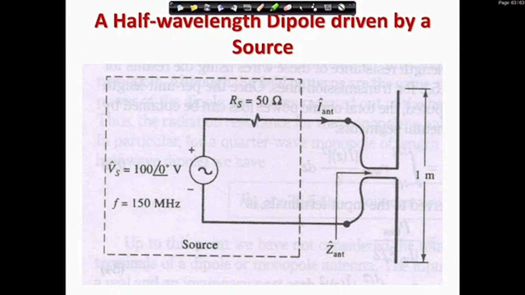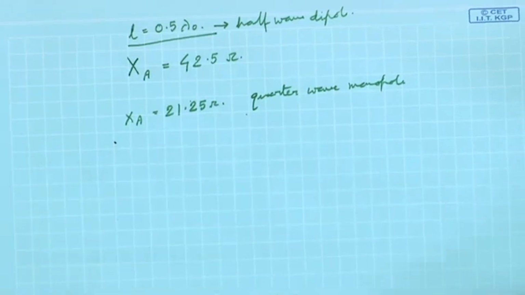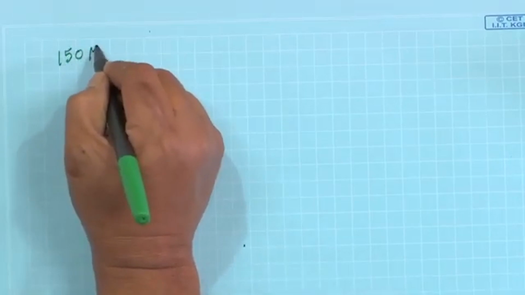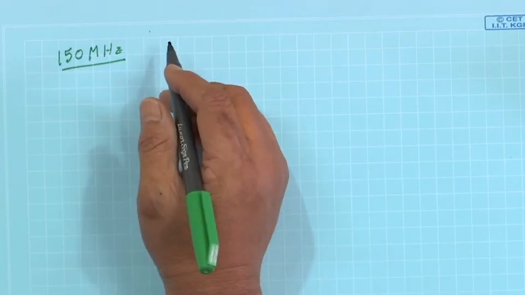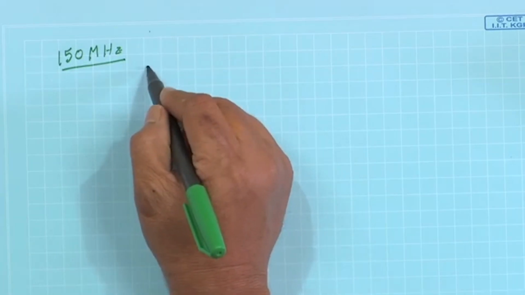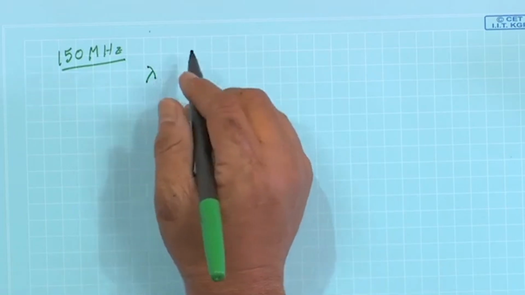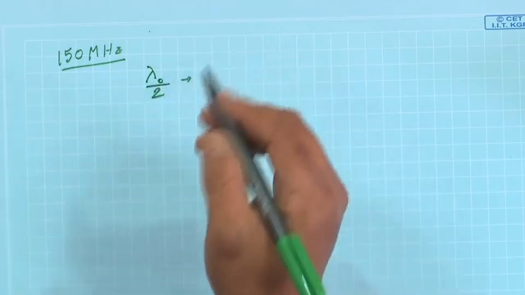You can very easily find out, at 150 megahertz, what the lambda will be. So, 2 meter will be the lambda naught. Whatever is given, the 1 meter dipole, will be a lambda half wave dipole.